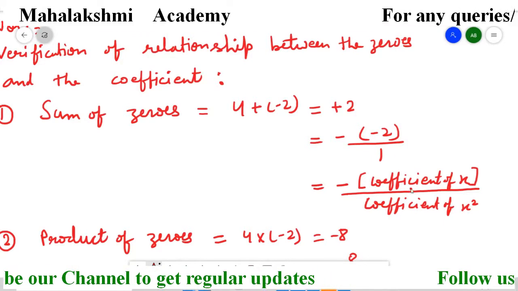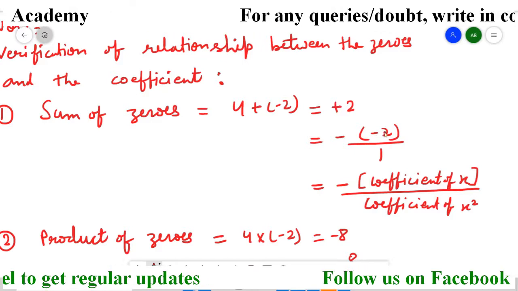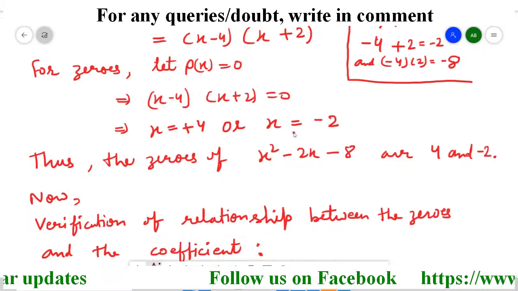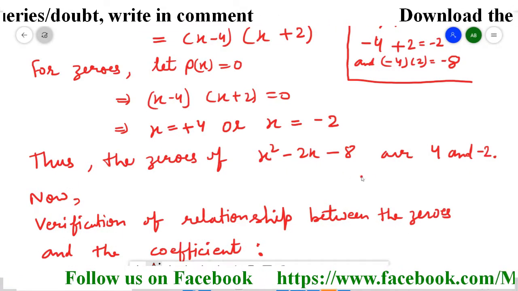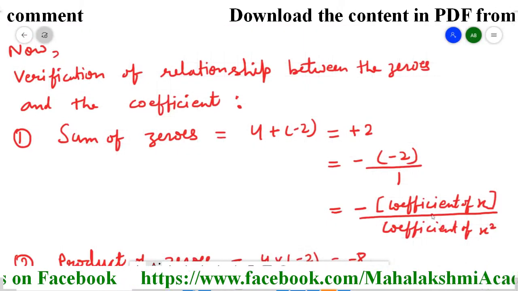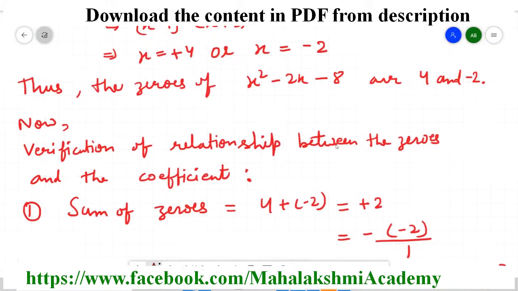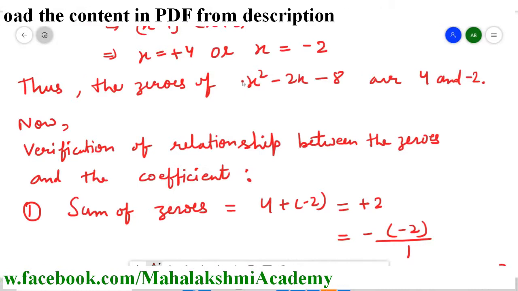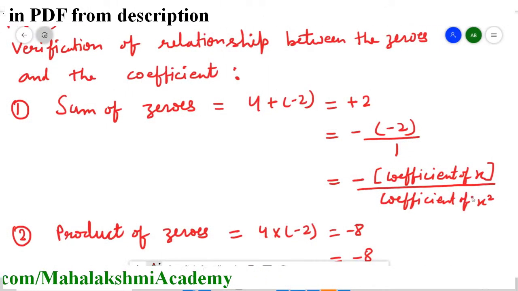Now why did I write this? This minus sign I wrote as it is, and this is -2. What is -2? In the quadratic polynomial, -2 is the coefficient of x. That's why instead of this -2, we write coefficient of x. What is 1 in the quadratic polynomial? 1 is the coefficient of x square. That's why instead of this 1, we write coefficient of x square.